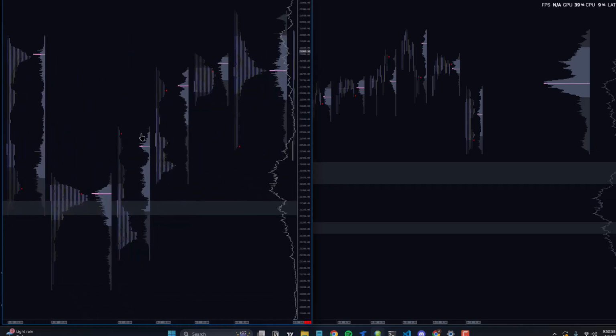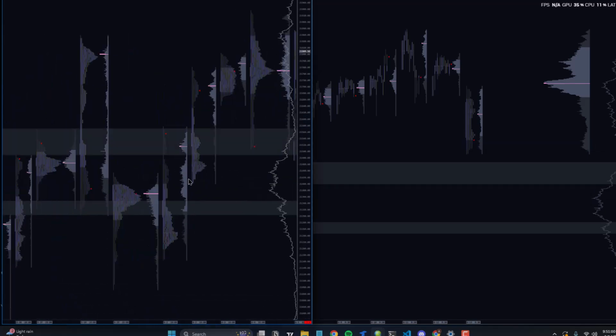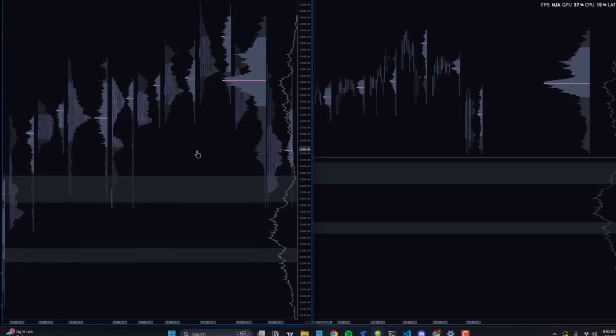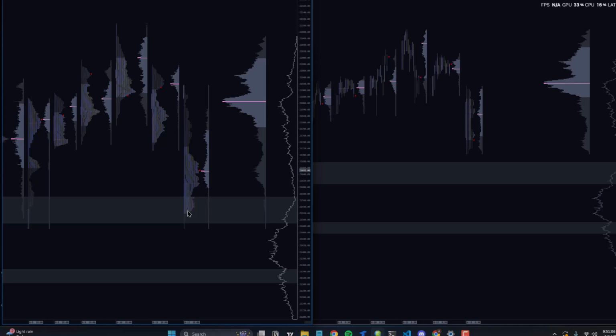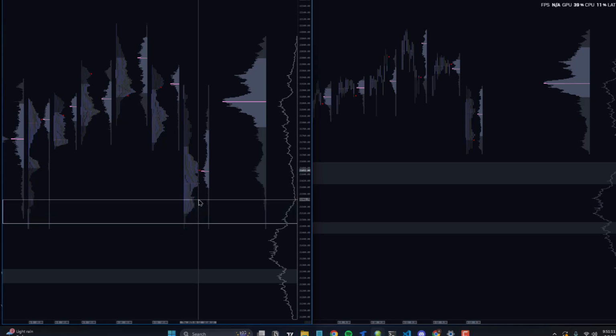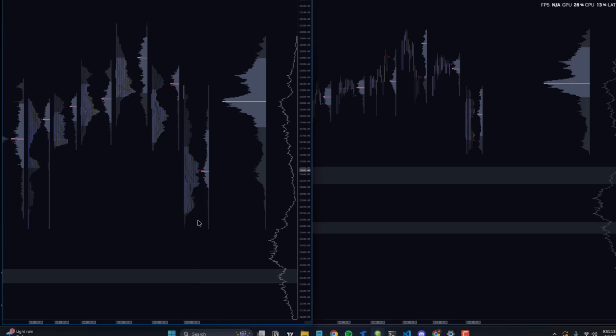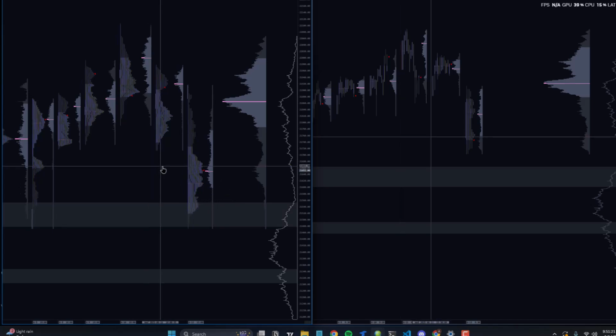Always adjusting these levels before market. And then we started to auction higher, right? And now we're down here, we just tapped into the level again. So now something I'd do to adjust this is try to do that. Yeah, I'd adjust it like that. So that's a level I'm actively looking at.